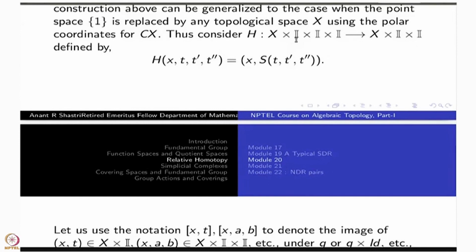The point of this one is when the first coordinate here, this t, is 0, then this entire map S of (0, t', t'') is a single point. So therefore, this makes sense, and it will factor down from the quotient space to the quotient space here, Cx cross I. This is the quotient space here, Cx cross I. Okay, so that is the whole idea here.